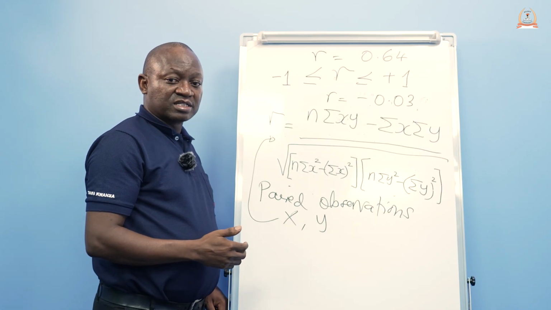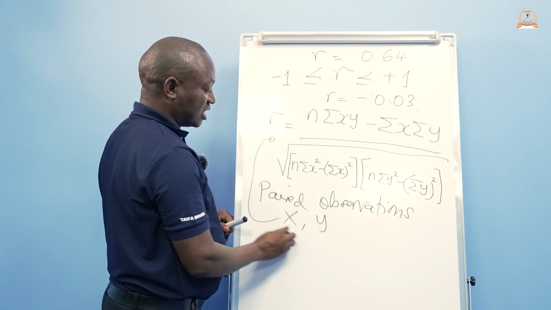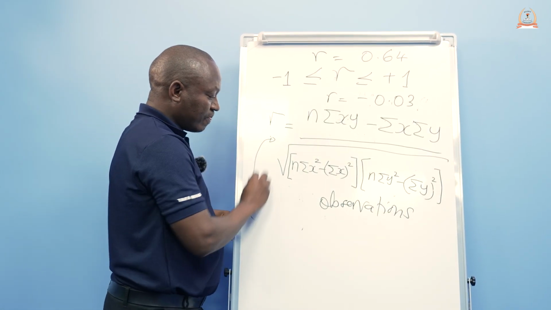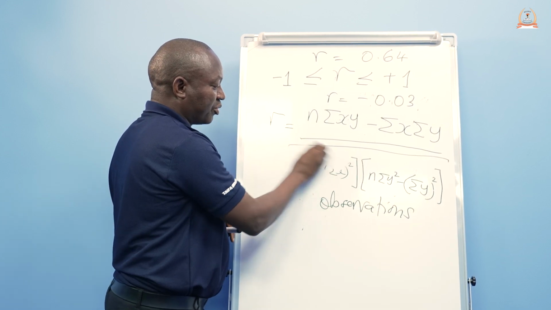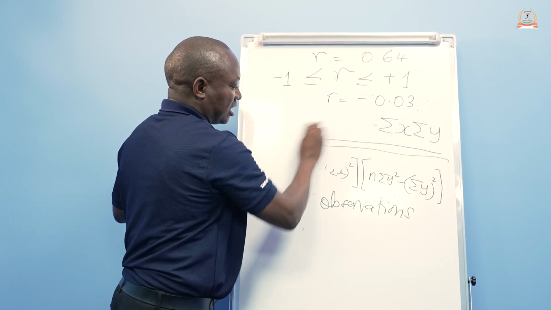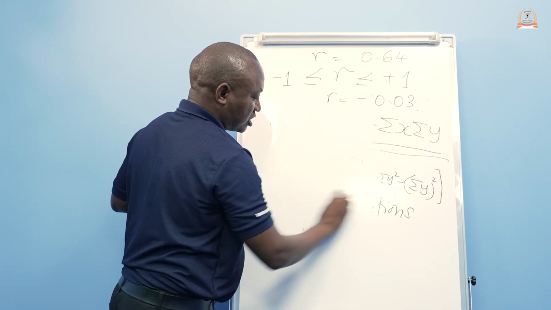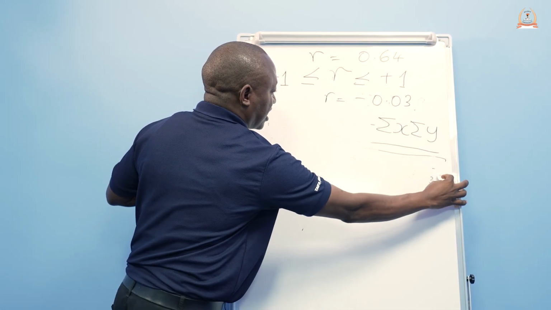Now let us consider a case on how we can assess the correlation using what we call a scatter diagram.